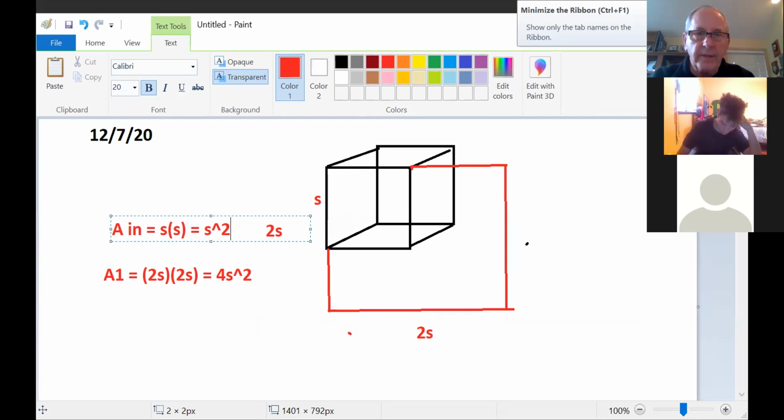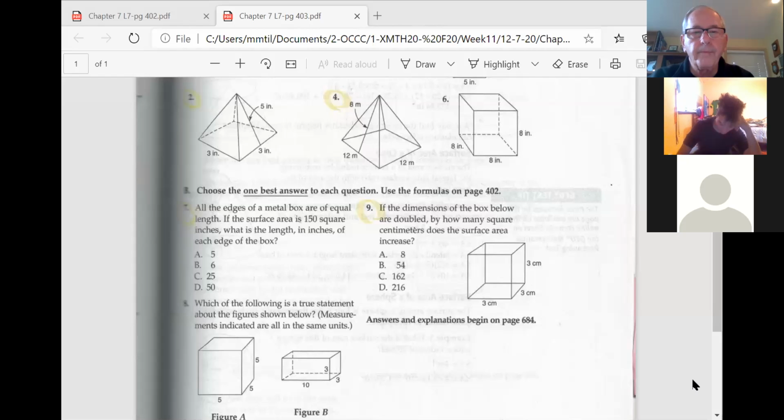Why don't we have 24 in here? How many more square centimeters does the surface area increase? So we have to find what it was at 3.